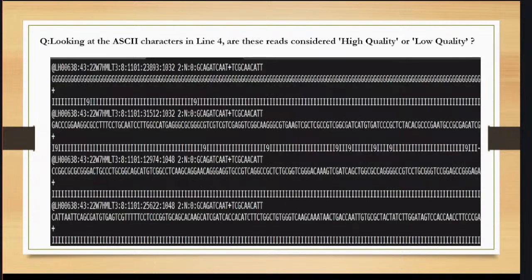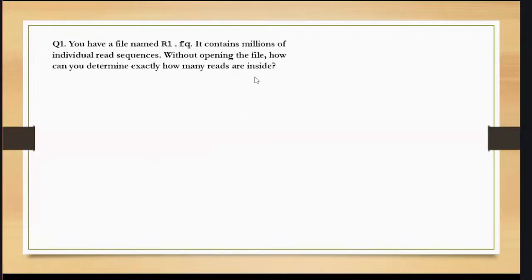This is actually a trick here. Even if you use the caret, meaning at the start of the header there should be at the rate, that may or may not work, because a quality score can also be present at the start of the line, right?